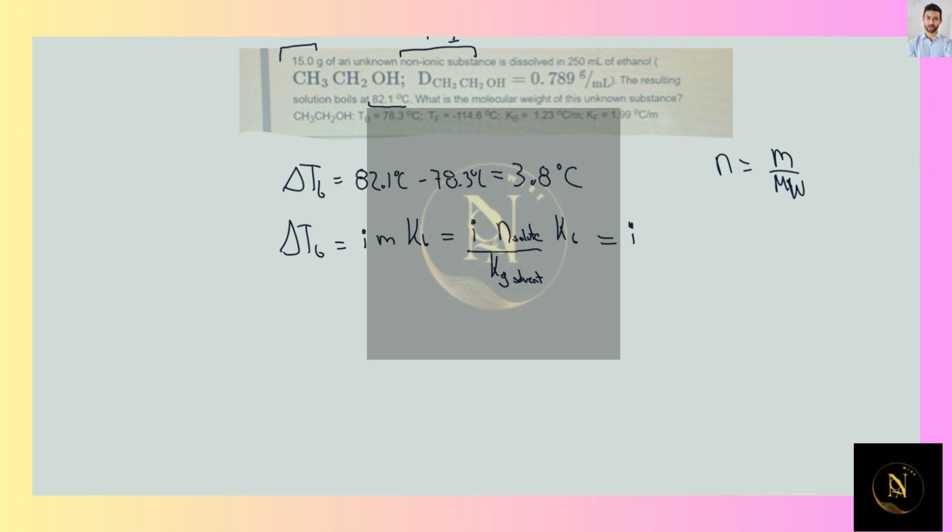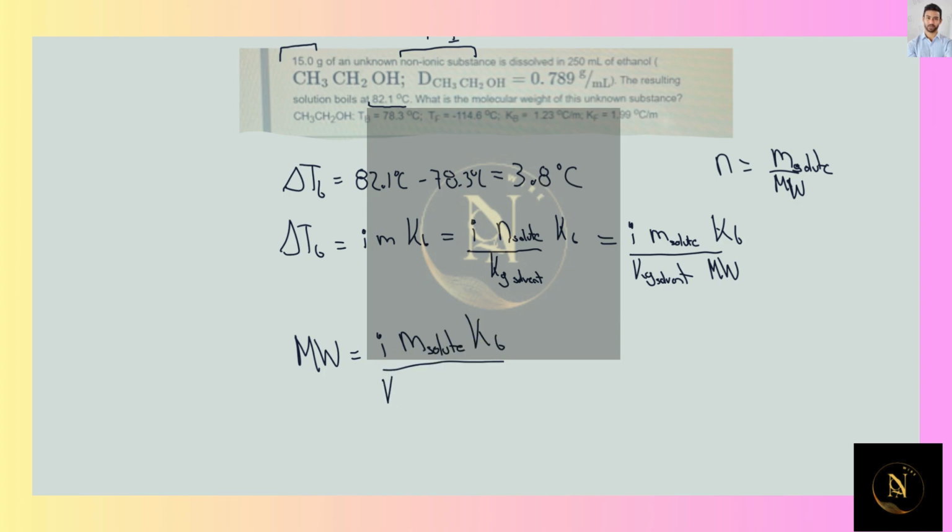So this equation now becomes i times mass of the solute times Kb divided by kilograms of solvent times the molecular weight. Thus, the molecular weight would be equal to the Van't Hoff factor times the mass of the solute times Kb divided by the amount of kilograms of the solvent times the change of the boiling point.